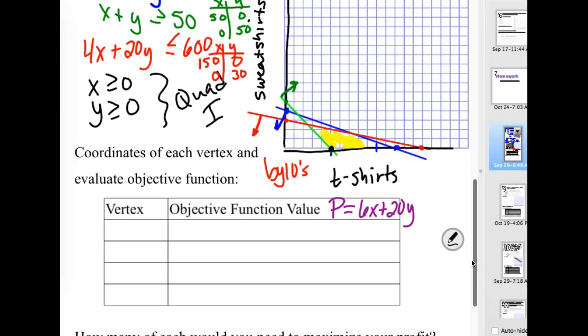What are the coordinates here? 50, 0. Okay. We've got a spot here. That was at 12, so 120, 0.